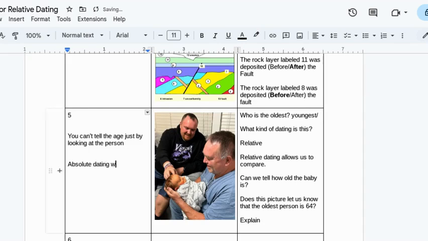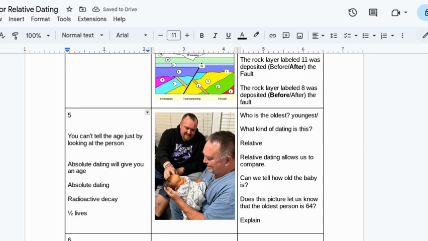Absolute dating will give you an age. Absolute dating is going to deal with stuff like radioactive decay and half-lives. And that gives us specific time.